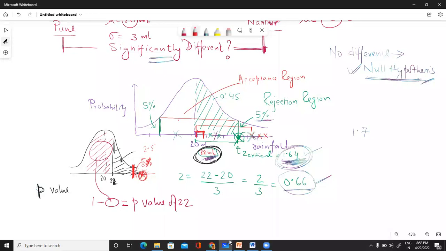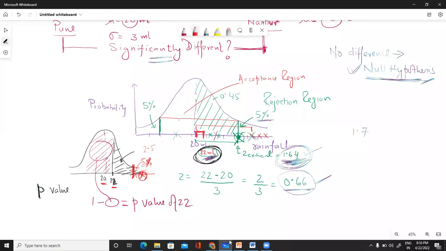We did a specific type of hypothesis testing, which is comparing the mean. The old mean was 20, the new mean was 22. Similarly, we can compare other statistics also, like standard deviation, which leads to a similar process, but in that case we do not use the normal distribution.